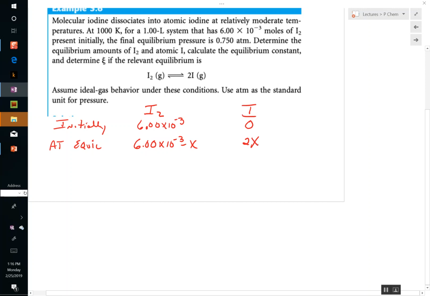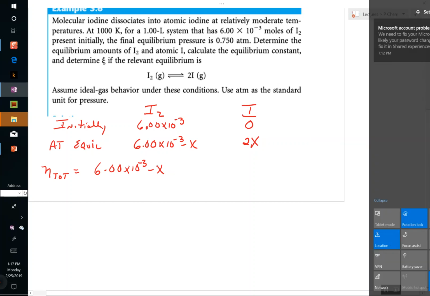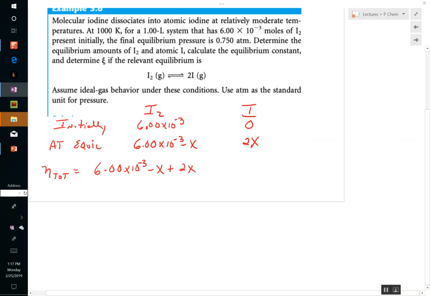We're going to get 2x moles of that. So actually, we got a couple equations for the total moles. Total moles at the end are going to be this. Right?